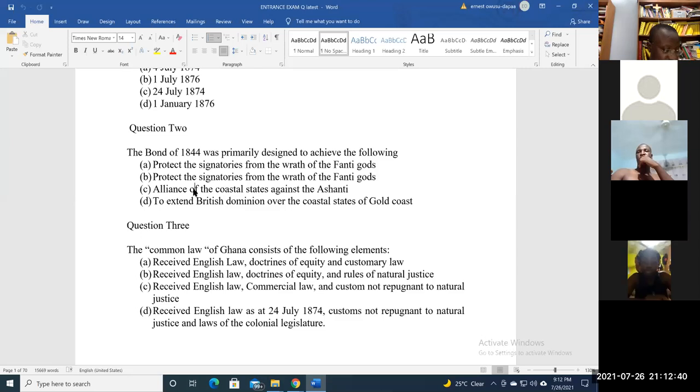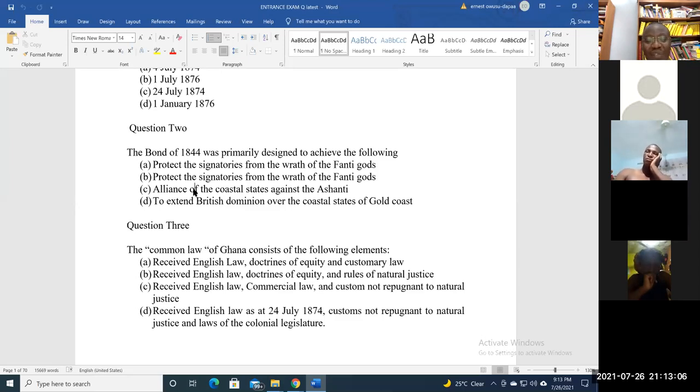So if you look at the Bond of 1844, what was the purpose? What was it supposed to do? Let's look at the answers. A, protect the signatory from the wrath of the Fante gods. Certainly no. Some of these, when you read them, you'll be able to rule out yourself, isn't it? How can a law protect someone from something spiritual?